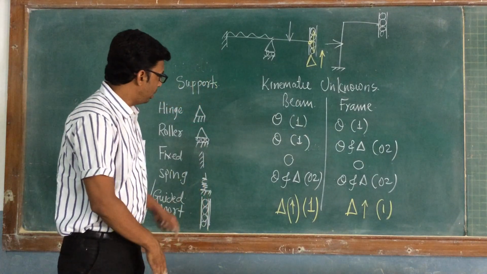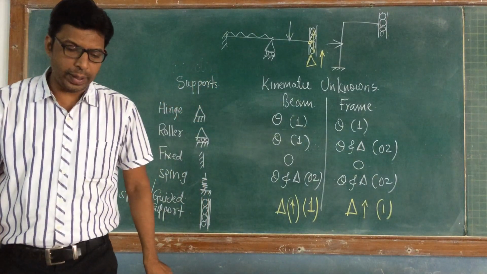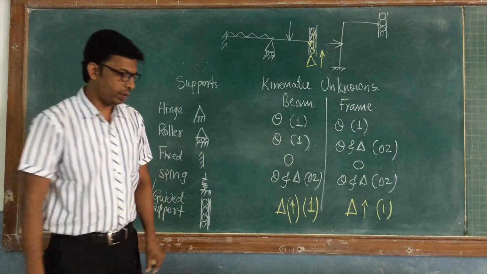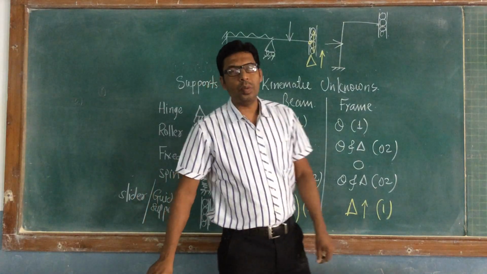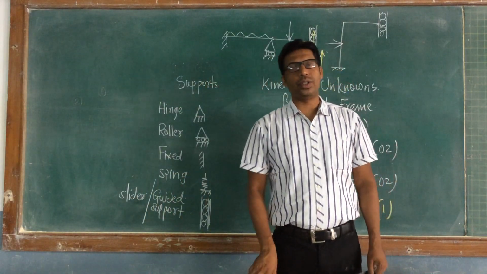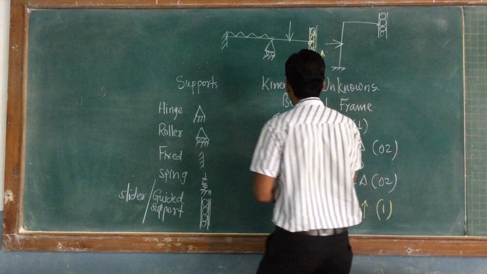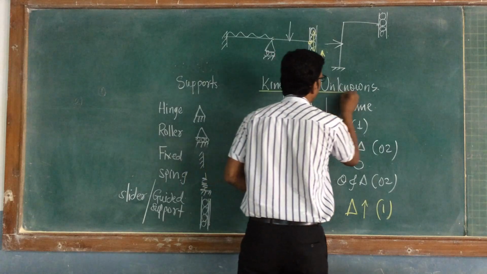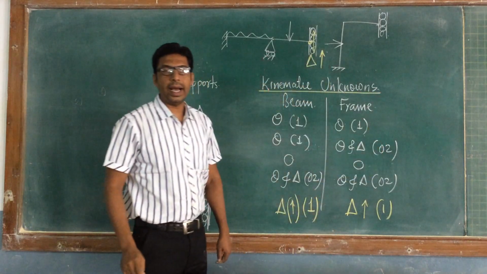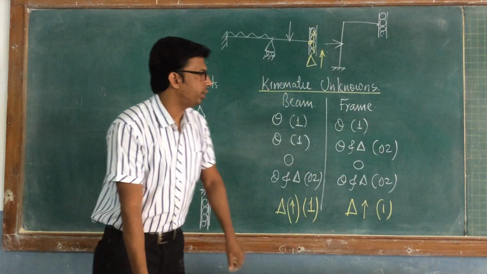Okay? So these are the five different types of supports which are normally used in beam and frame structures. So understand the kinematic unknowns at each point.